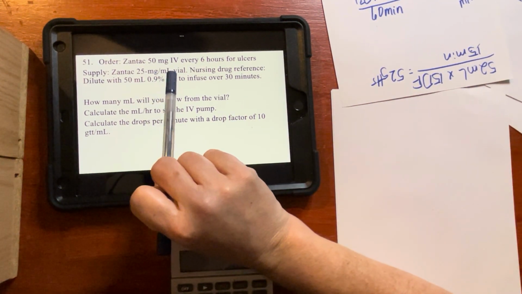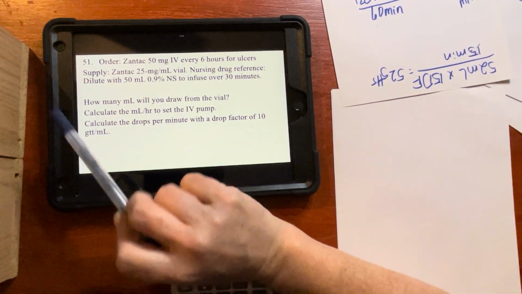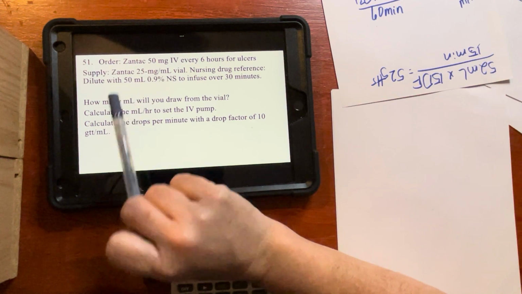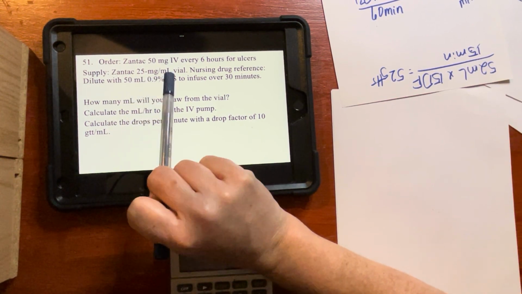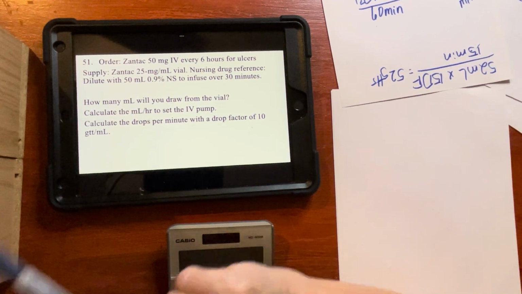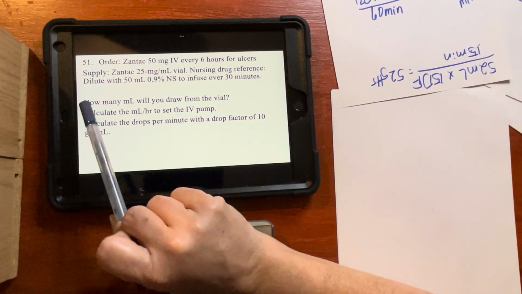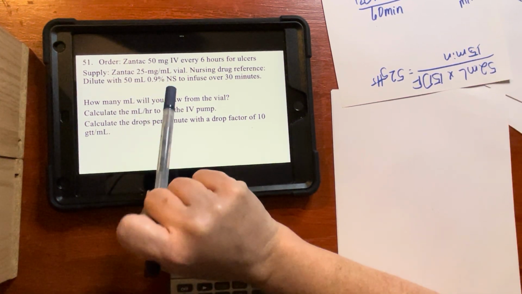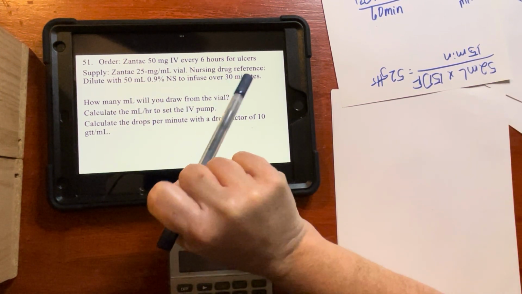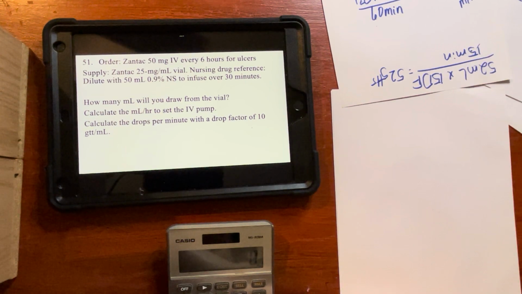So Zantac, 50 milligrams IM every 6 hours for ulcers. The Zantac supply is 25 milligrams per milliliter vial. And the Nurse and Drug Reference says to dilute it with 50 milliliters of normal saline and infuse over 30 minutes.